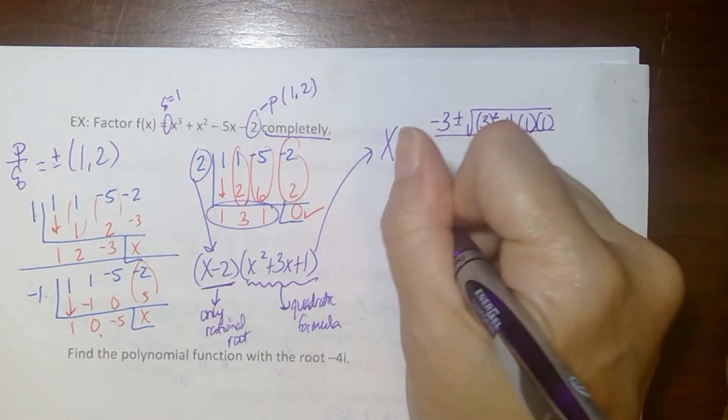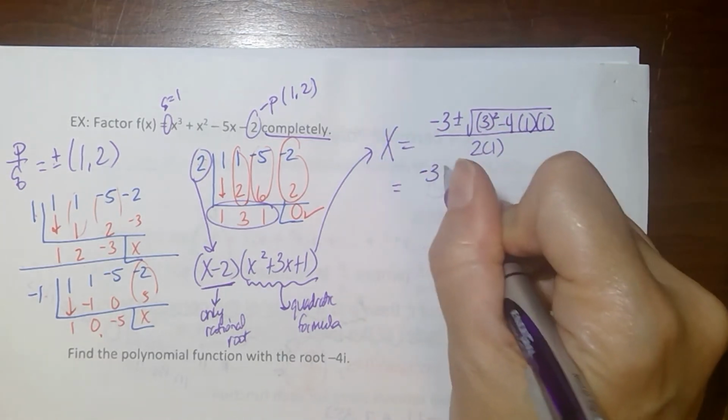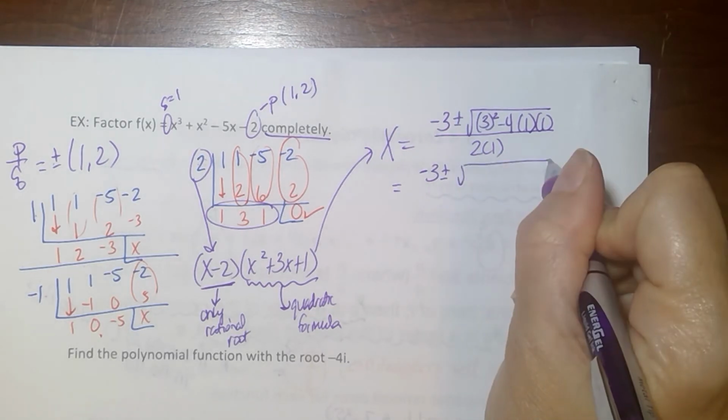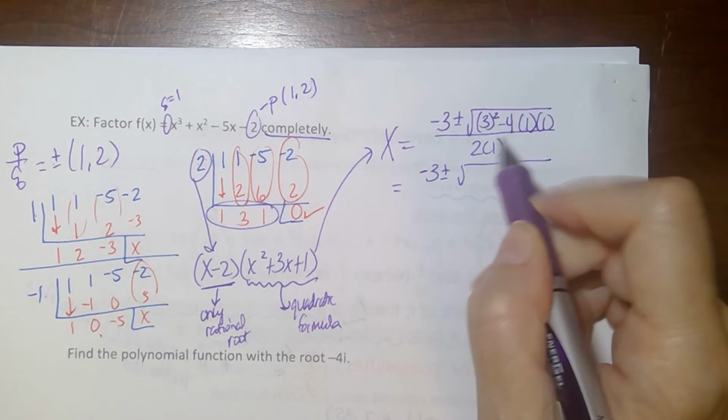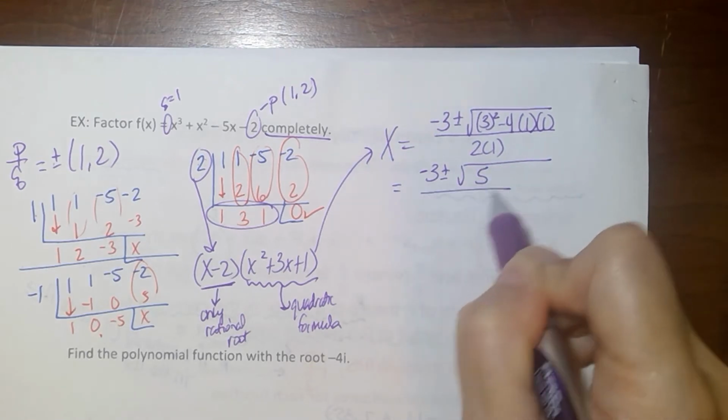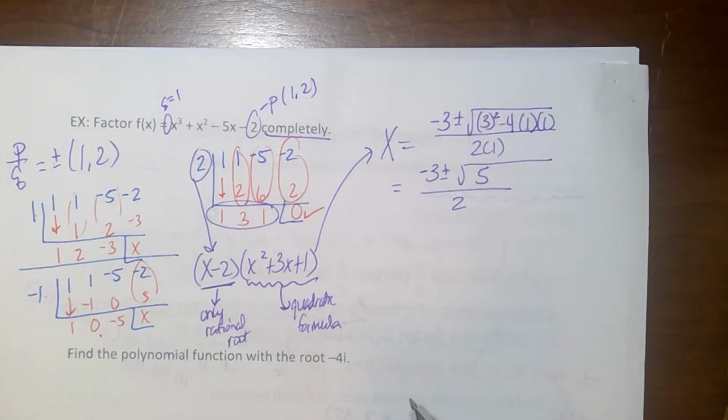And I need to simplify. So I have negative 3 plus or minus the square root of, well, 3 squared is 9, 9 minus 4 is 5, all over 2. You know what? Square root 5 does not simplify.